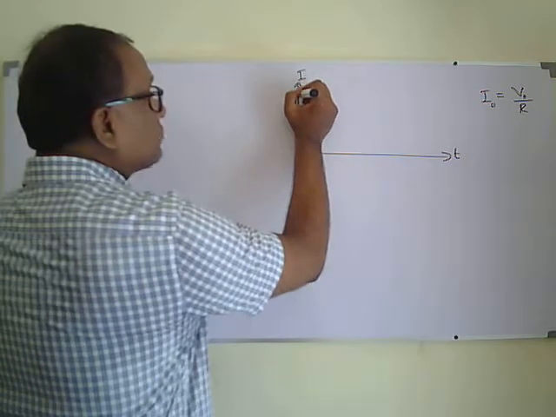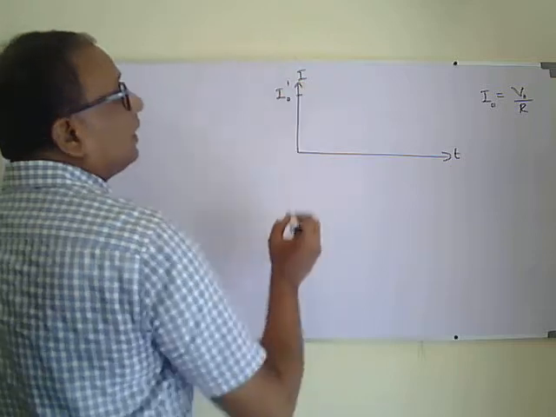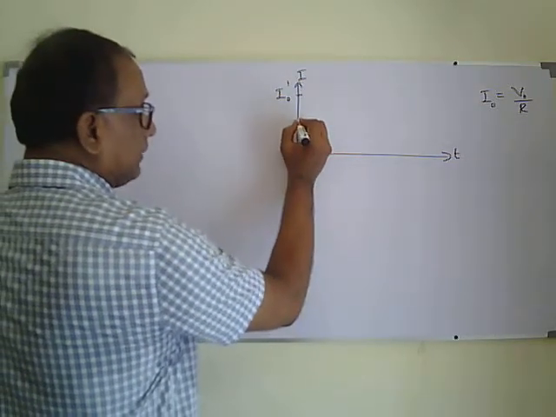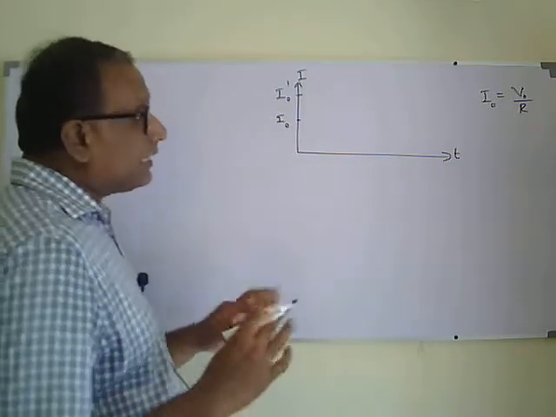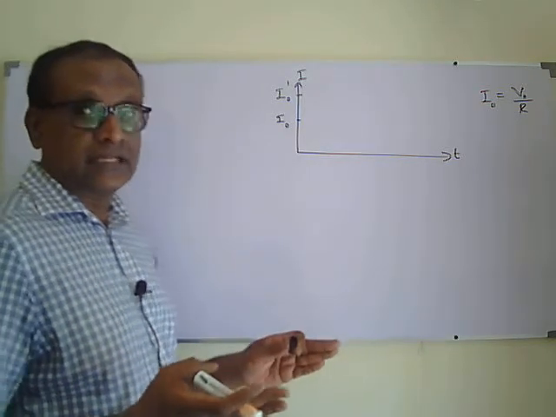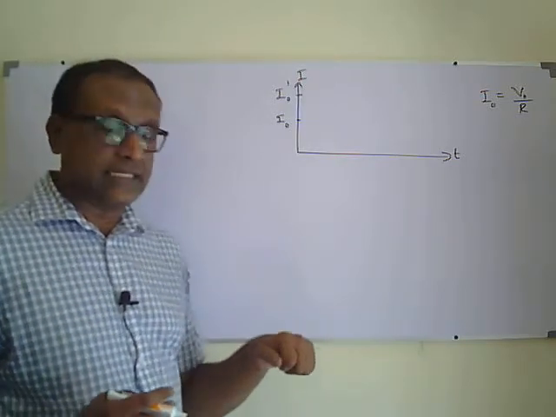So if I use a smaller resistance, the initial current will be higher, I naught dash, and if you are using a higher resistance, the initial current may be smaller, let it be I naught. But the area under the graph will be the same for both, because the area under the graph gives the amount of charge stored in the capacitor.